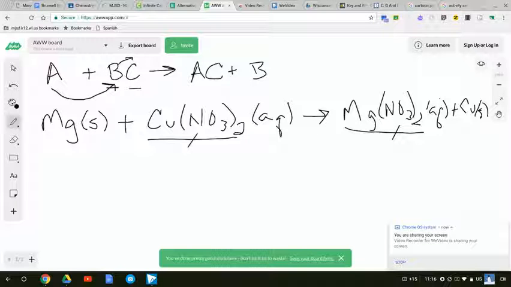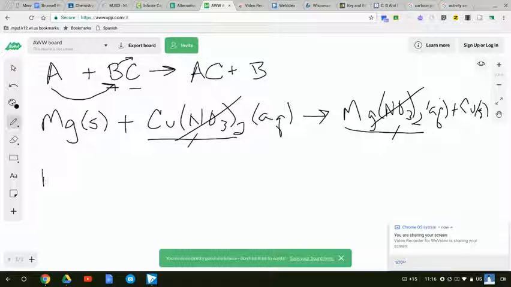Well, if that's the case, then the nitrate ion didn't change from the reactant side to the product side, and the nitrate ion is a spectator. Just like in a double replacement reaction, we remove the spectators when we move to a net ionic equation. So I'm just going to cross these out to show what we're doing.